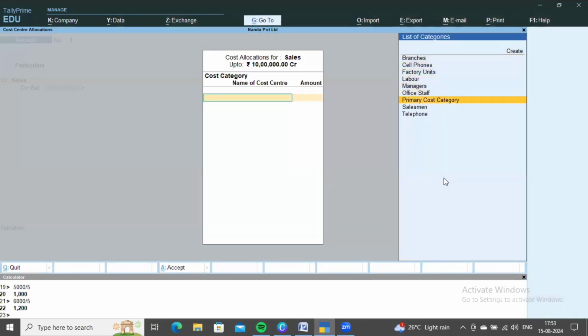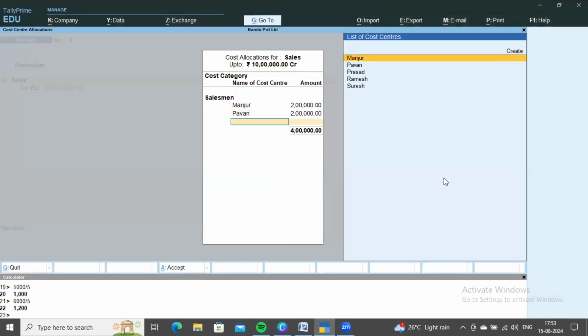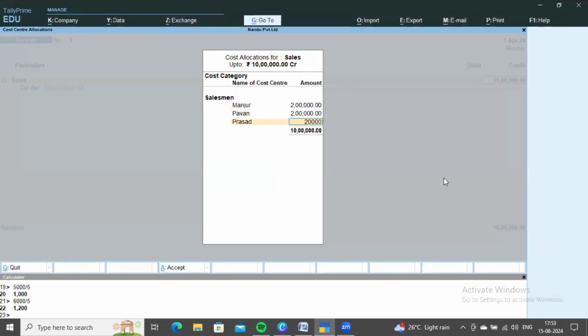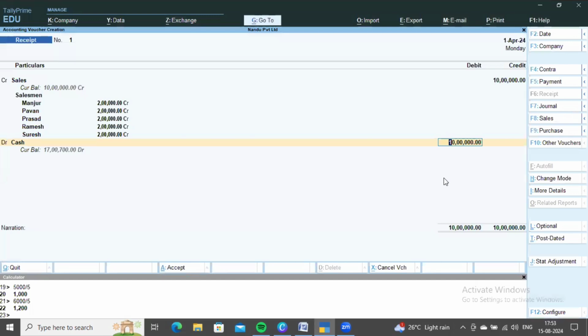And select salesman and assign 2 lakhs to each member. Like this. And debit cash account as cash is coming in because you are selling through salesman category.